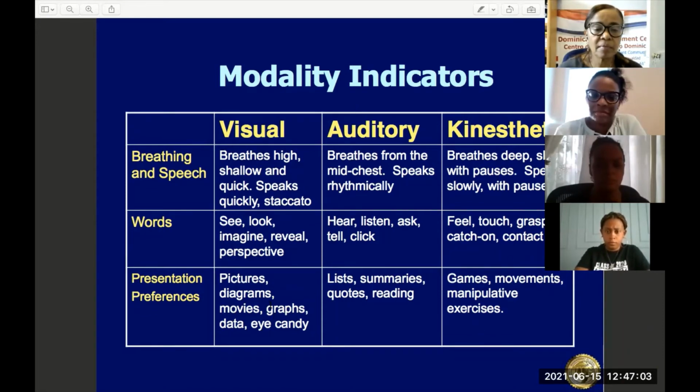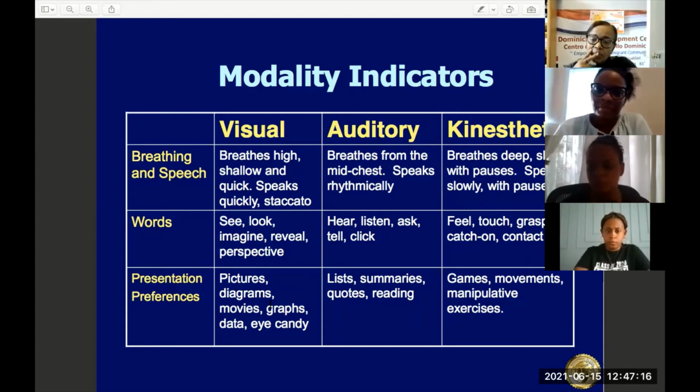you want to adjust your presentation style to their primary learning modality. Right? So if you see the person and think, oh my God, this person is mostly a visual learner, then I'm going to do pictures and diagrams, movies, just provide them with eye candy.